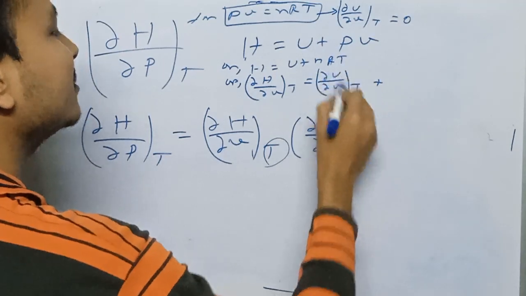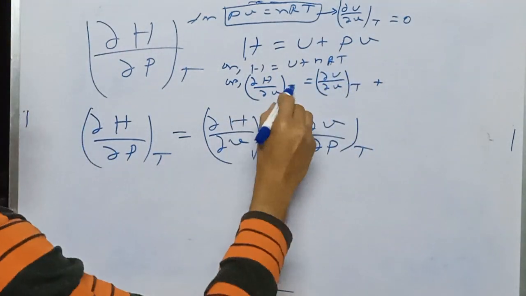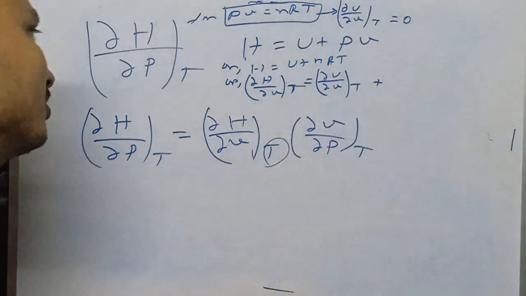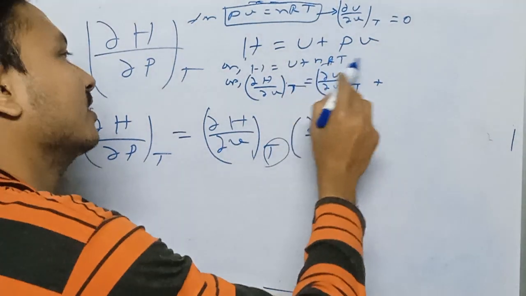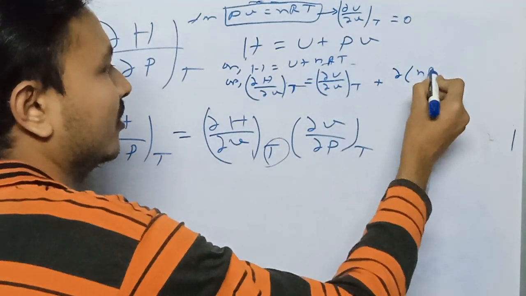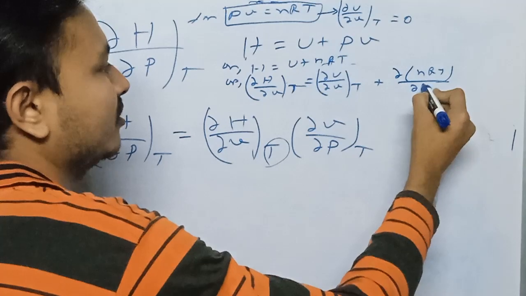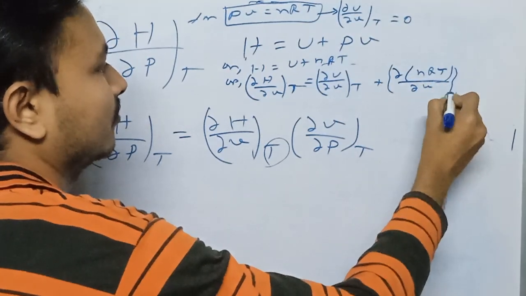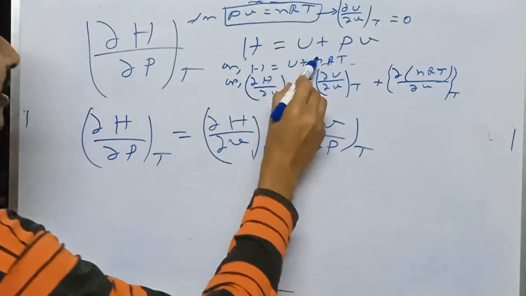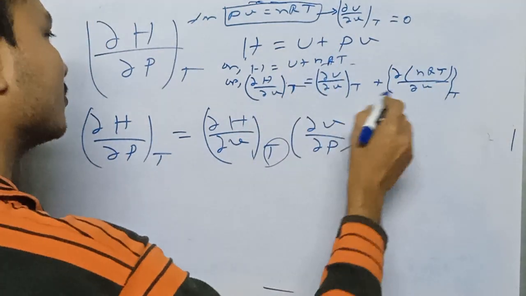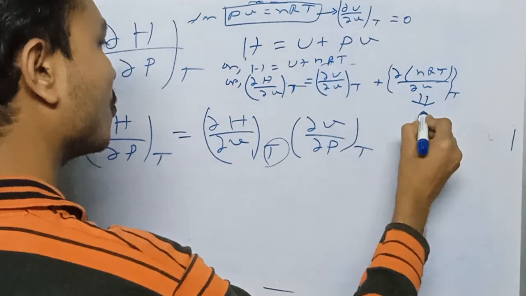As T is constant, the differentiation of this constant with respect to any variable must be 0. Because n is constant, R is constant, and only T is variable, but if T is constant then this gives 0.